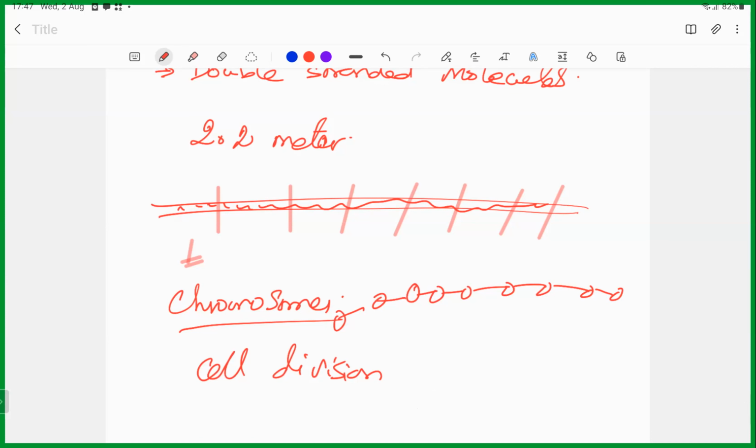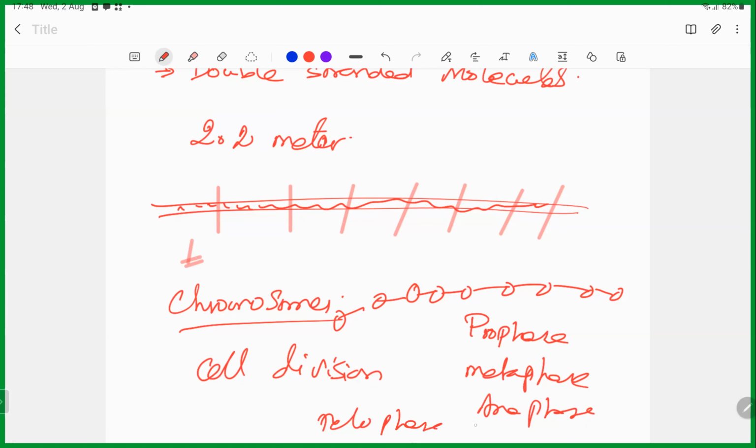You remember? I think the last part of your cell chapter is the cell division process. So in mitosis there are four phases: prophase, metaphase, anaphase, and then telophase. These are the four phases.